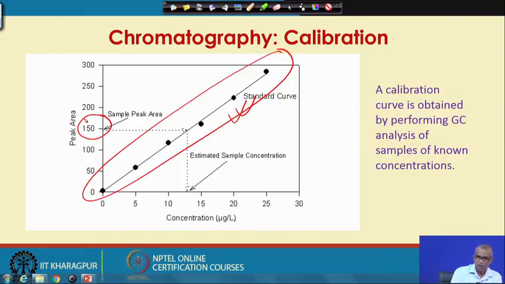So, I consult the calibration curve, and from 150, I find out the concentration is around, say, 12.5 or 13 micrograms per liter. So, this is how you will set up a calibration for measurement of composition or concentration.